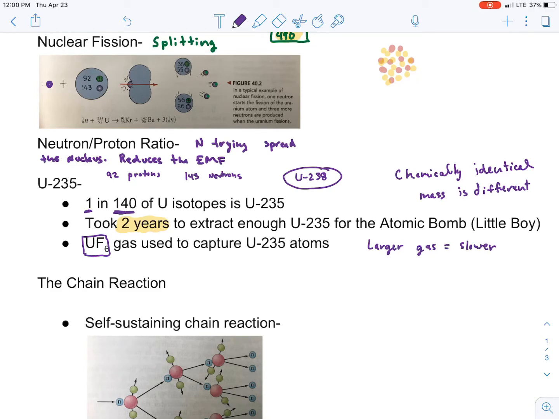Right? Because it's all about kinetic energy, right? And kinetic energy equals 1/2 mv squared, right? So if they have the same amount of kinetic energy, which is just temperature, the one with the larger mass will have a slower velocity, right? And so the smaller gas will move faster.